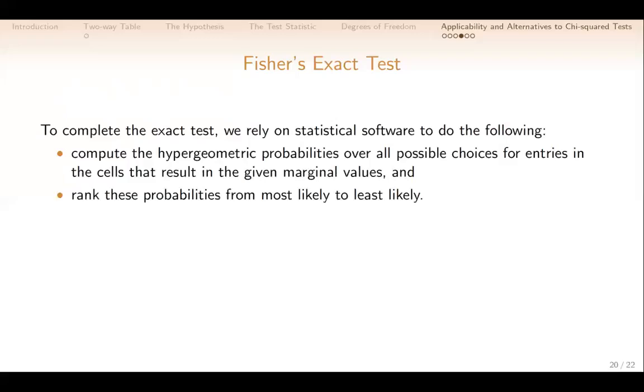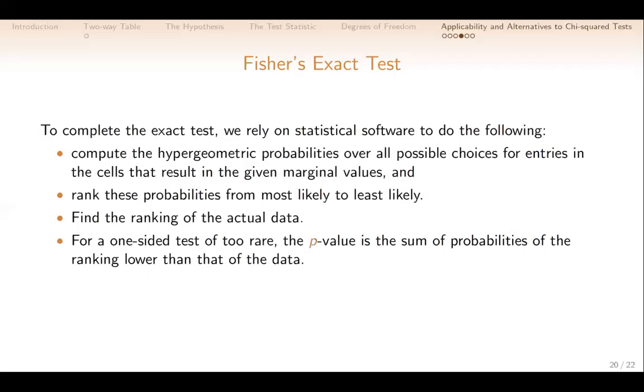So rank these probabilities from most likely to least likely. You can either do it for all of them, which would be the exact test, or you could do it for a sample of them that are randomly chosen. Then you rank them. And then for a one-sided test, the p-value is the sum of the probabilities of the rankings lower than that of the data.